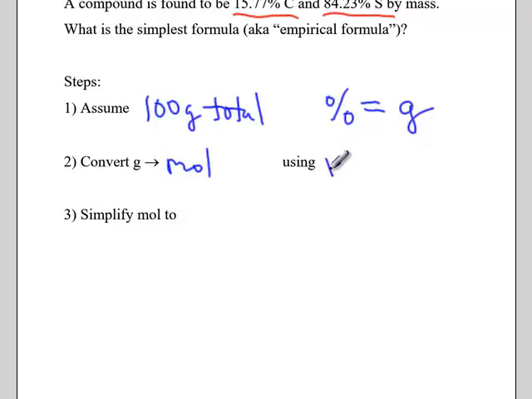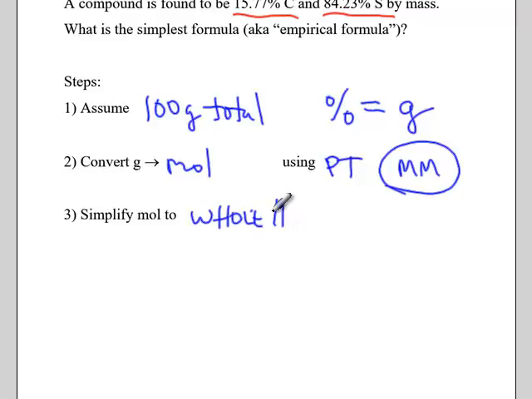And we know how to do that. We're going to use the periodic table. We're going to calculate the molar mass. And then step 3 is simplify those moles to whole numbers. And those whole numbers are the subscripts in the chemical formula.